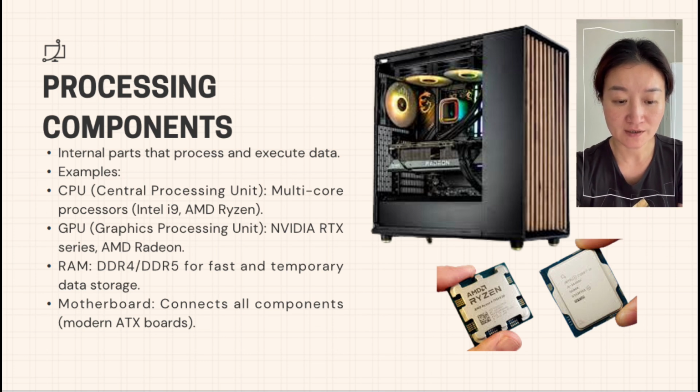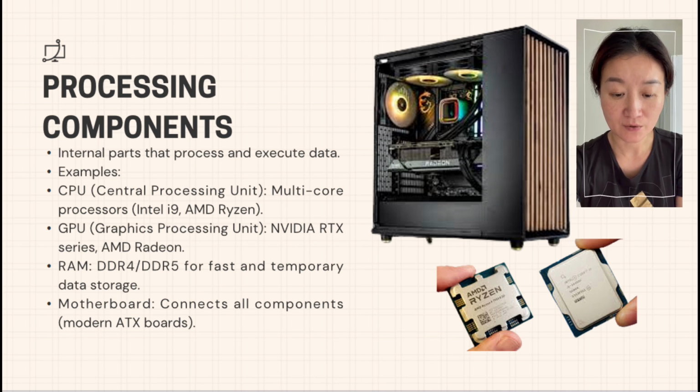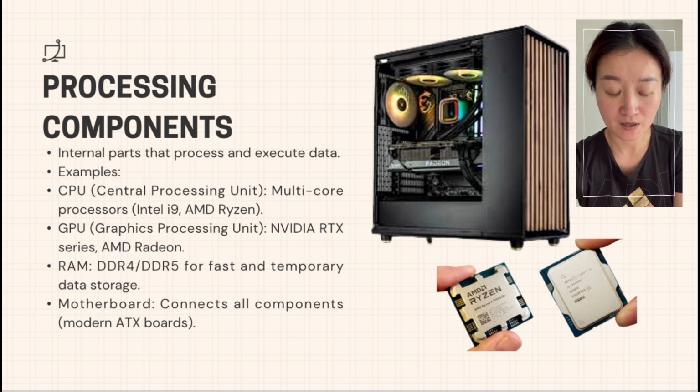Main include CPU, central processing unit, multiprocessor, Intel i9, AMD Ryzen, GPU, graphics processing unit, NVIDIA RTX series, AMD Radeon, ROM, DDR4, DDR5 for versatile data storage, motherboard, which connects all components. Modern ATX board is a branch of all components.